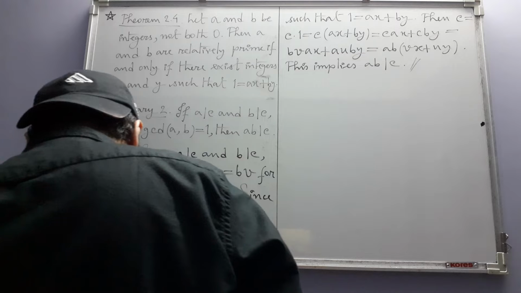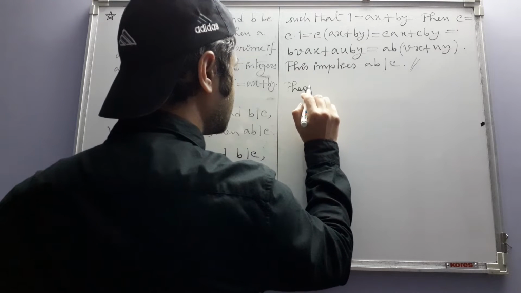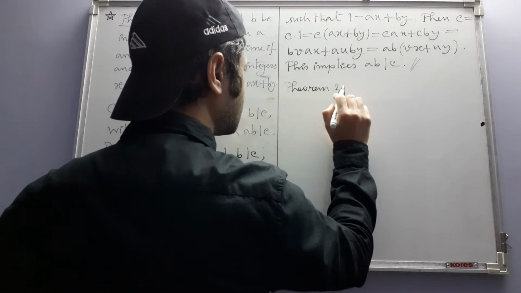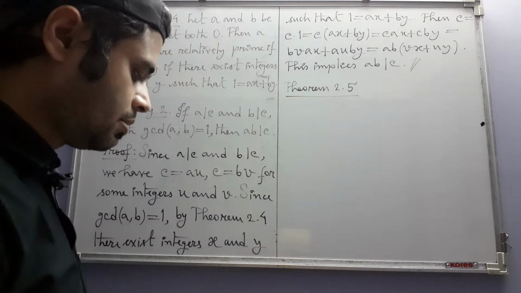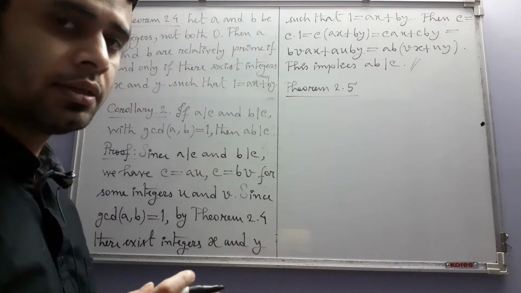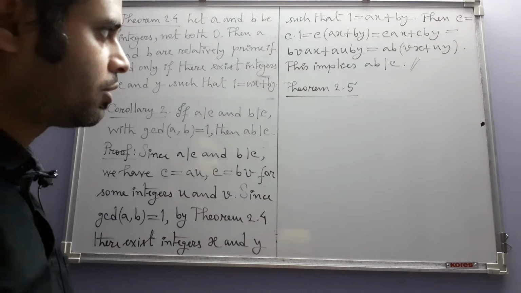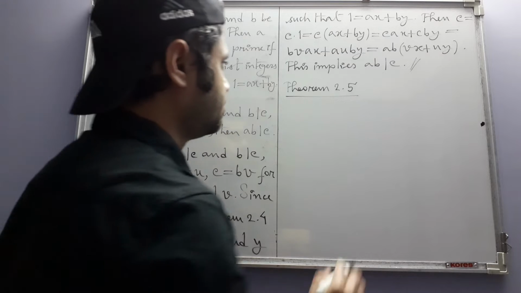After this we have a theorem, Theorem 2.5. Actually it is named after Euclid and it is named Euclid's lemma, but it is very important, so it has been stated as a theorem.